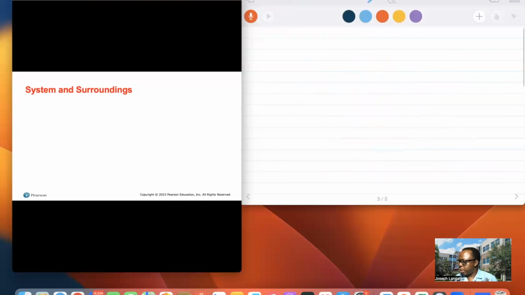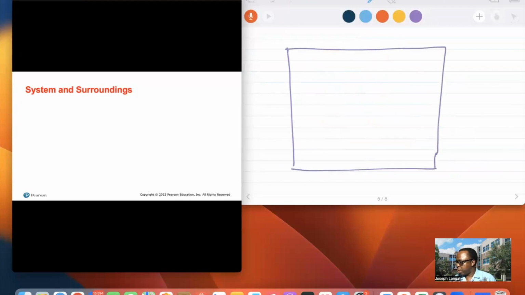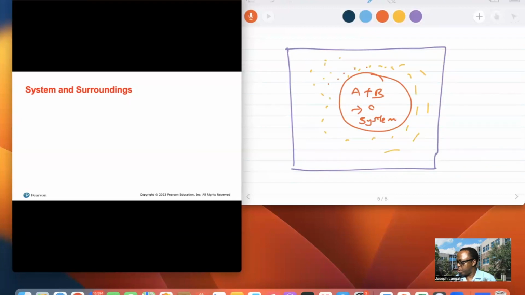I can illustrate that again using this diagram. If this is our system, A plus B equals C, this is the system. And then here, this is the surrounding.